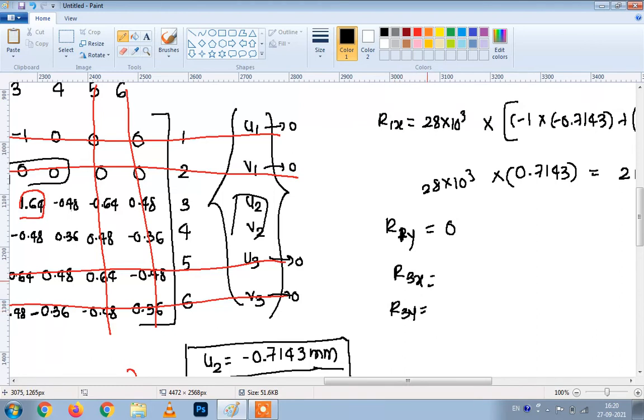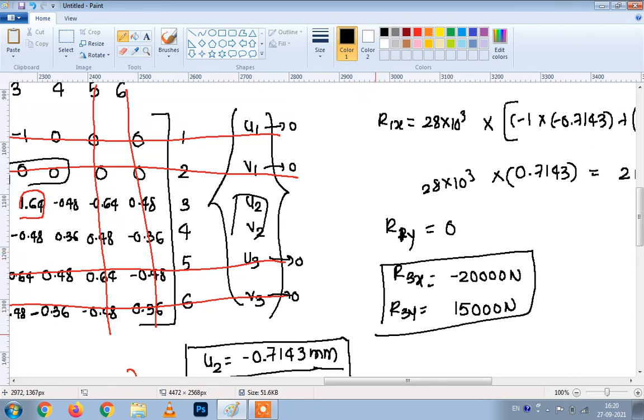The answers available with me are R3x is equal to minus 20,000 Newton and R3y is 15,000 Newton. Please check this answer and let me know in the comment section whether these answers are correct or you are getting some different values.